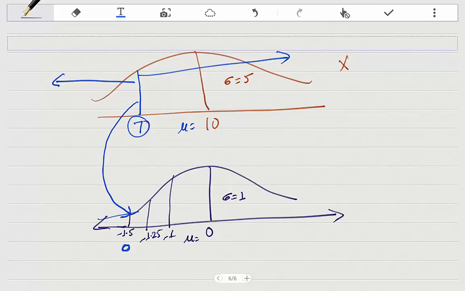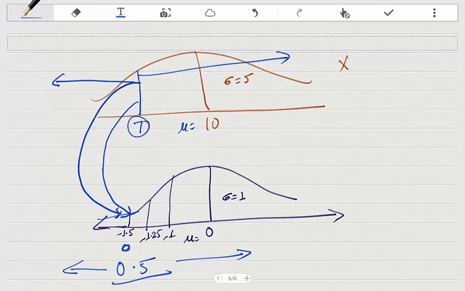I'm just arguing, 0.5. Then if you know the equivalent value is 0.5, you can go to the table and find out what is left of 0.5 and right of 0.5. So that is what Z is. The equivalent of any normal distribution value in this special normal distribution, what we call a standard normal, is called Z. Let me stop this video here and come back and show you the math.